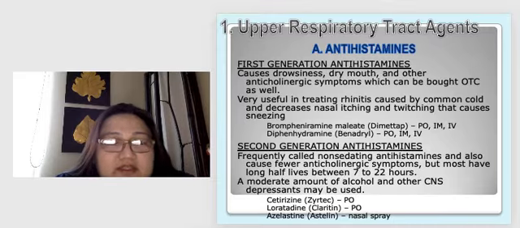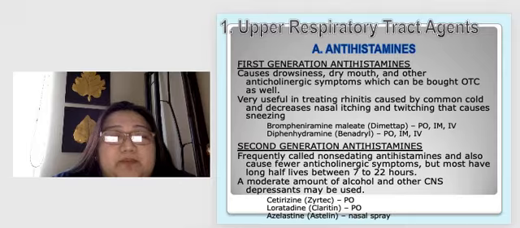Yung mga first gen, they are very useful in treating rhinitis or runny nose, usually caused by common cold, and binabawasan din ito yung nasal itching and twitching, kaya tayo nagsisneeze or humahatching. And these are also some of the symptoms of mild allergy. Brompheniramine maleate or Dimetapp and also diphenhydramine or Benadryl are common first-gen antihistamines.